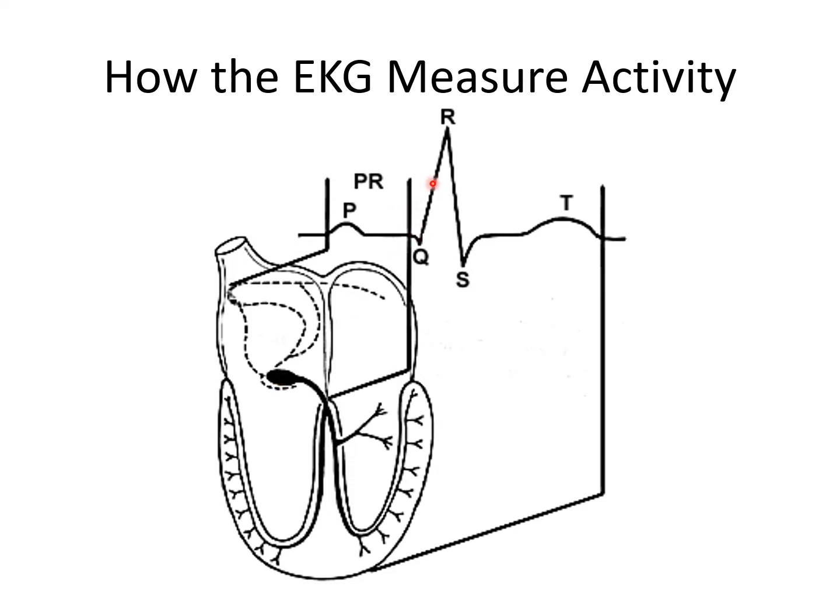The QRS represents the electrical impulse, okay, as it travels across the ventricles. And finally, the T wave over here represents the electrical repolarization of the ventricles.